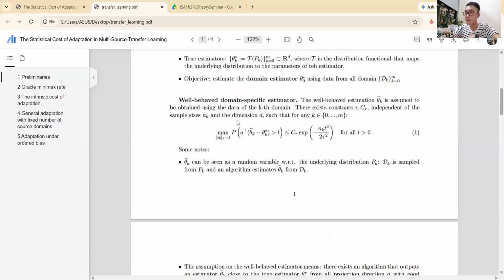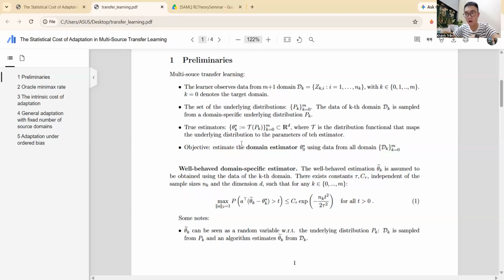The next definition we have is the well-behaved domain-specific estimator. An estimator theta tilde is called well-behaved if the distance between that estimator and the true parameter of the k-th domain is such that the probability of that distance being greater than t is bounded by a sub-Gaussian.